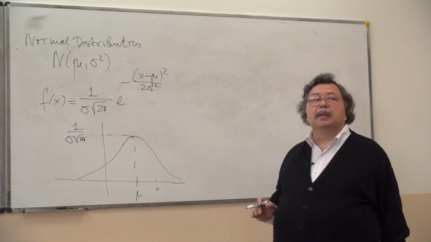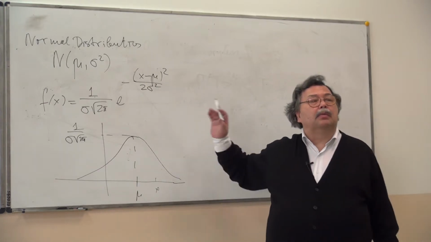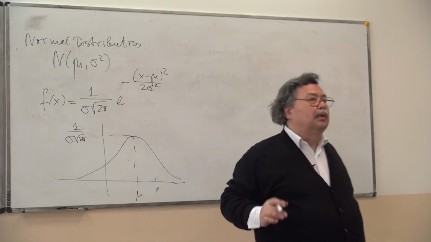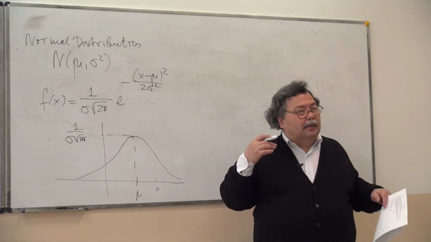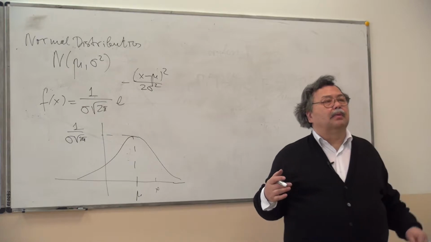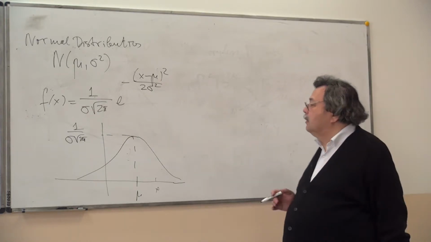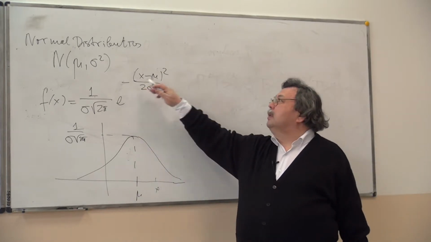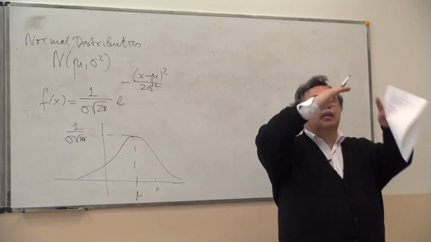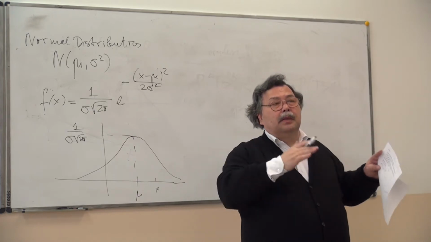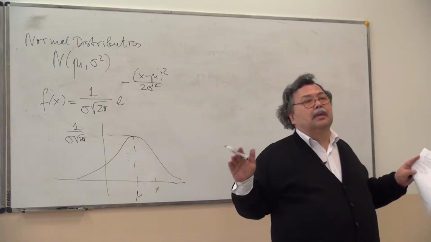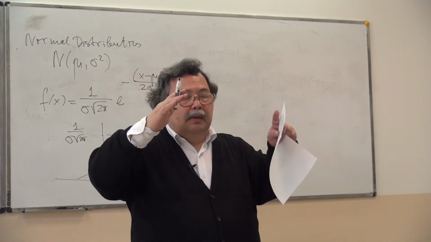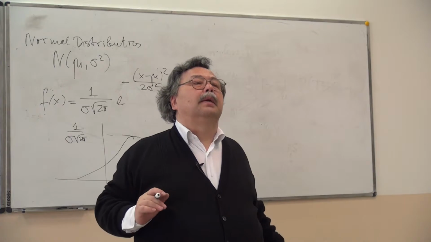Okay, so I'm trying to explain that although this formula looks a bit difficult to interpret, actually the essential things about this formula are not so very difficult to understand. Because of this exponential, because of this minus, and because of this square, we have this law. When we depart to the right or to the left from mu, the function falls down to 0. Okay.